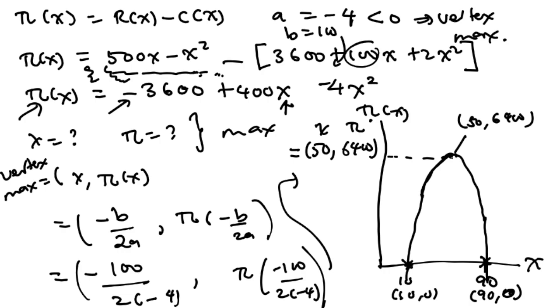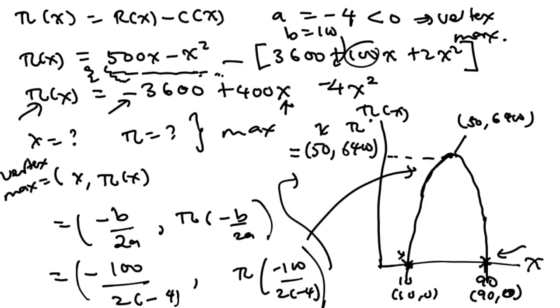So the maximum profit is here, given by this vertex value. Is it clear? These two values are basically the zeros of the profit function, which give you quantity x, 10 and 90 respectively. Okay, so that's for profit maximization.